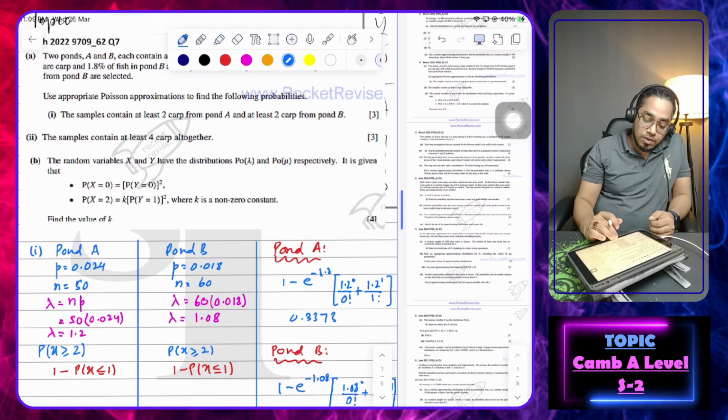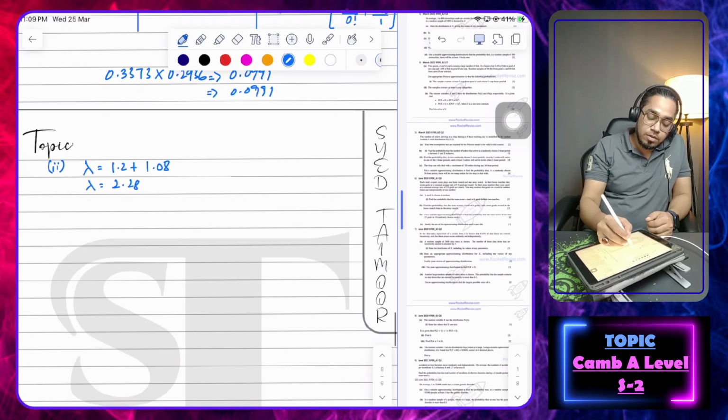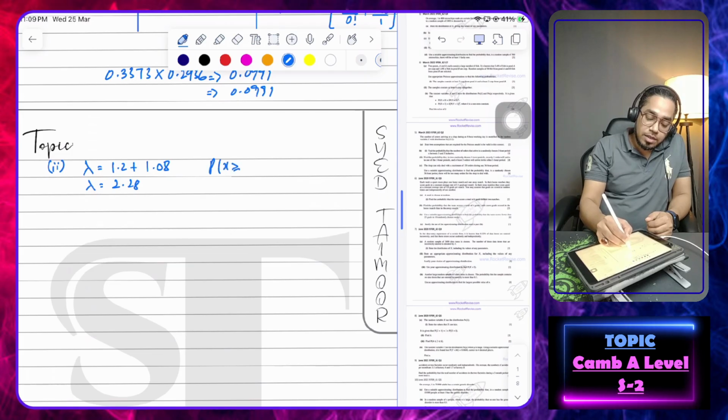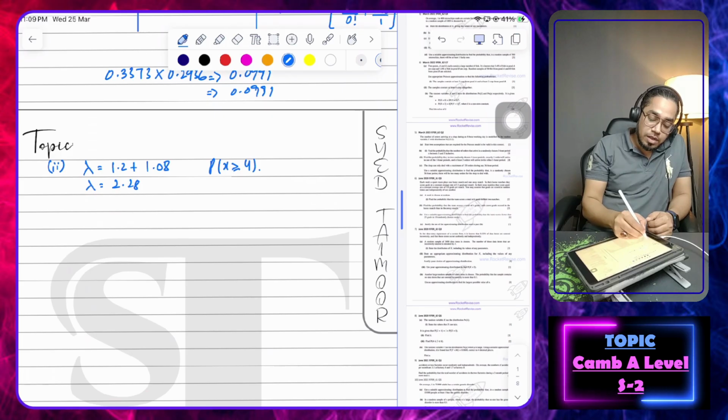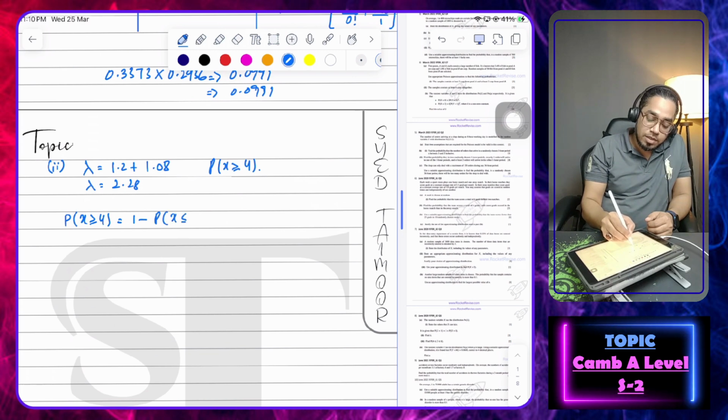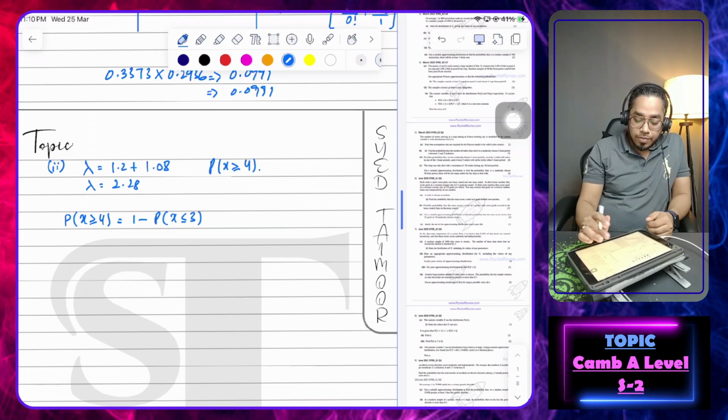2.28, that one, and at least 4 they are asking about. The probability should be x greater than or equal to 4, and the probability of x greater than or equal to 4 is equal to 1 minus the probability of x less than or equal to 3.